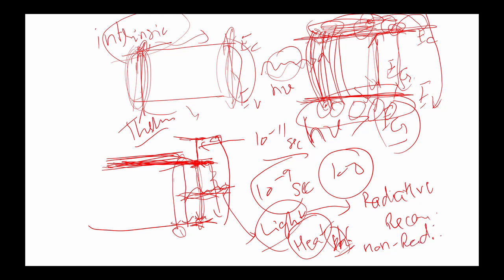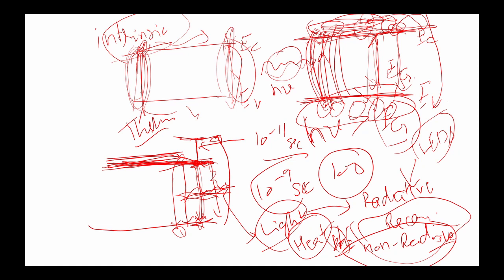This is very important from the device perspective, because for LEDs we need radiative recombination. Everywhere else we don't want non-radiative recombination, because in non-radiative recombination there is loss of energy as heat.